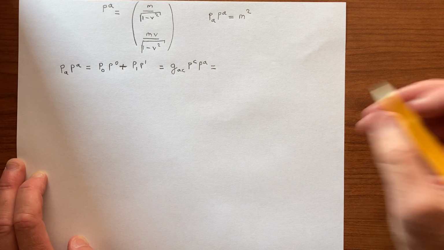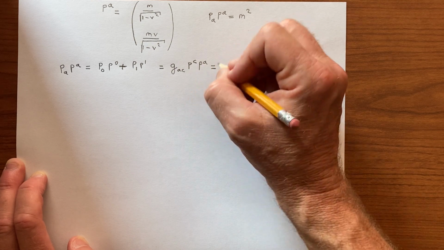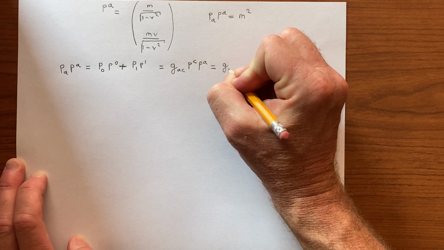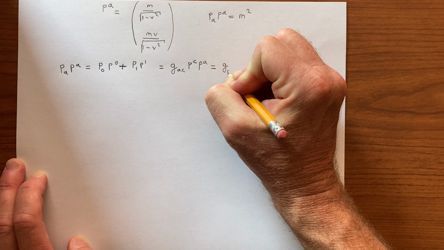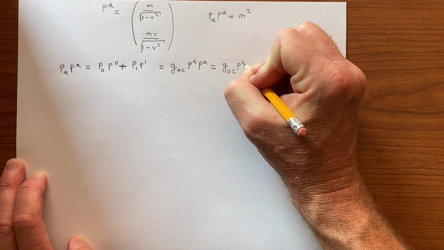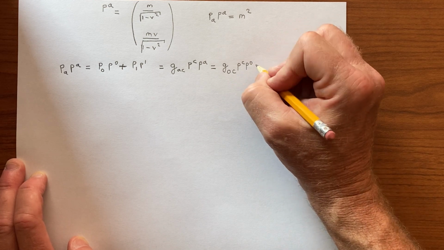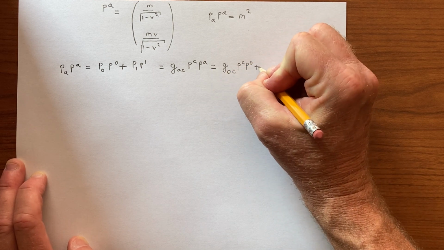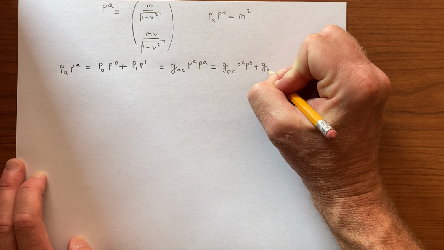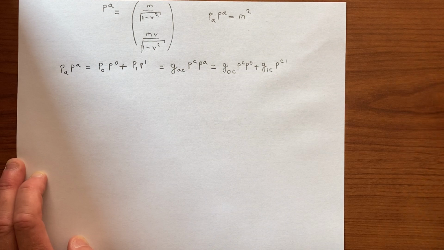And this becomes, so we're going to sum on A, and then we'll sum on C. So we have G_{0C} left as it is, P^C P^0, and then now A becomes 1, so plus G_{1C} P^C P^1.